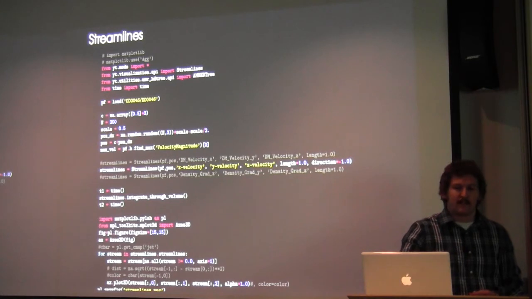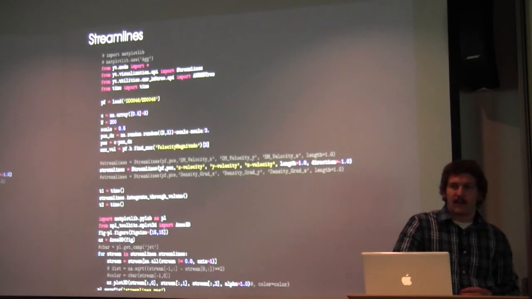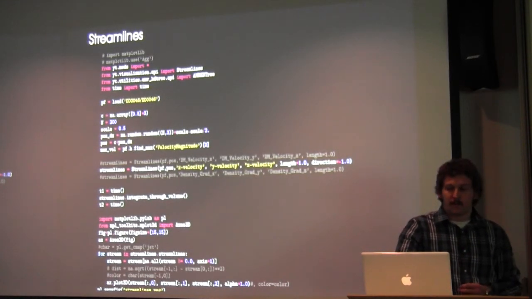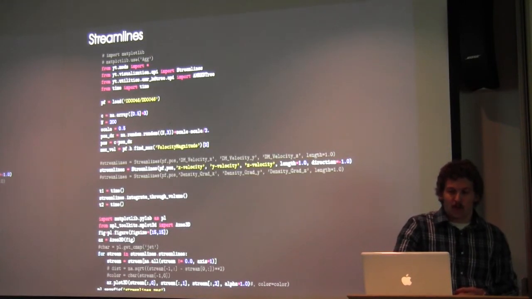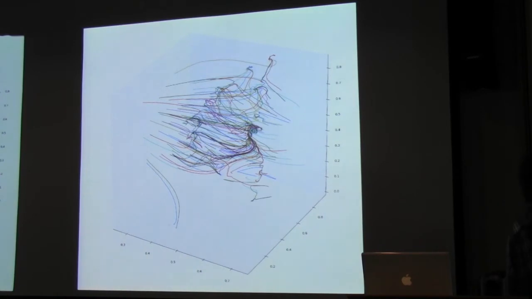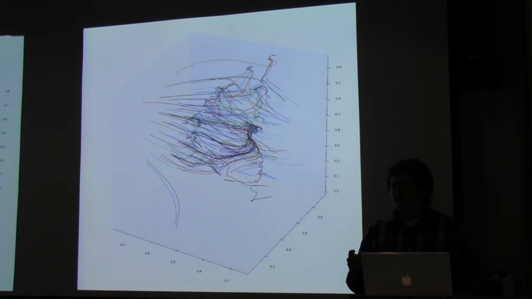In this example, you're running 200 streamlines that start out at random positions in the box and follow it for some code unit length of 1 using the x, y, and z velocity of the data. And you can visualize them in Matplotlib using the Axes3D object. I'm not going to go into it because it's a little bit out of context, but I wanted to say that this capability is there.